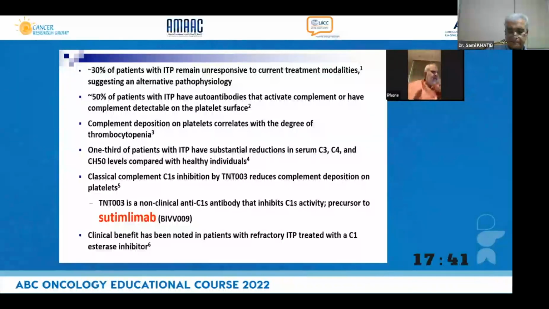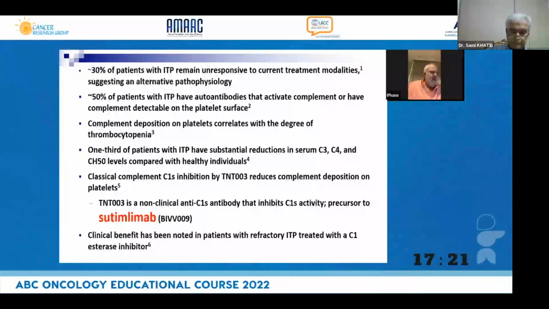This complement deposition on platelets correlates with the degree of thrombocytopenia. It's an important piece of information. One third of the patients with ITP have a substantial reduction in serum C3, C4, and CH50 compared with healthy individuals.